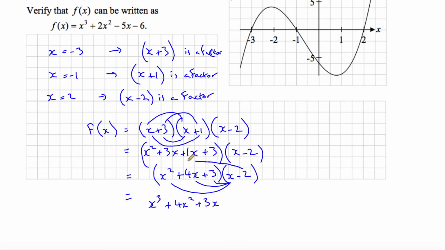Then the minus 2 by x squared is minus 2x squared. Minus 2 by 4x is minus 8x. And finally, minus 2 times the 3 is minus 6.